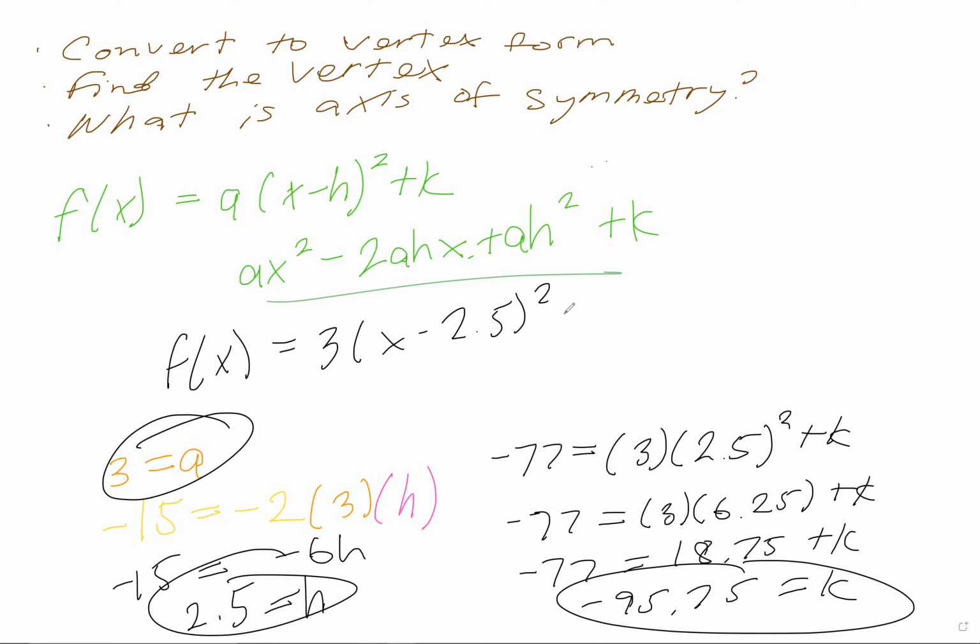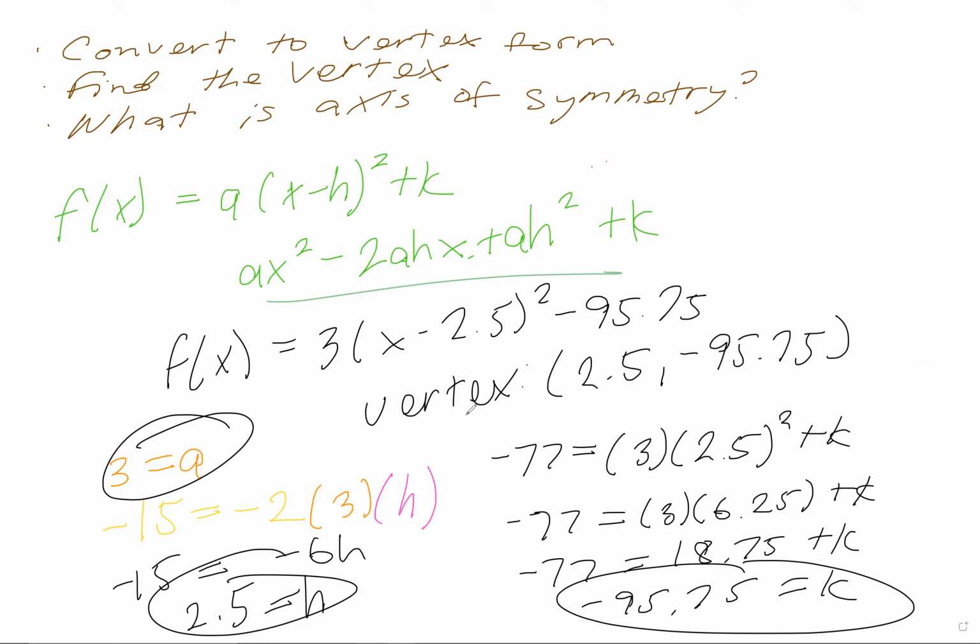Nope, outside exact. Then negative 95.75. The vertex is 2.5 and then that big negative number. The axis of symmetry is x equals 2.5. Done.